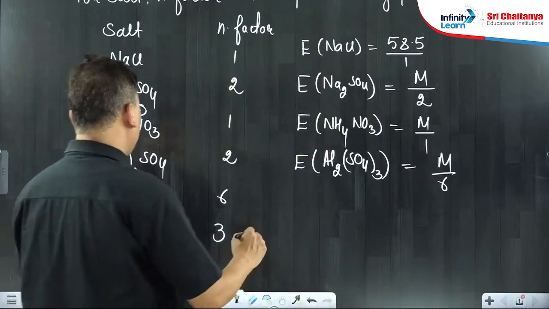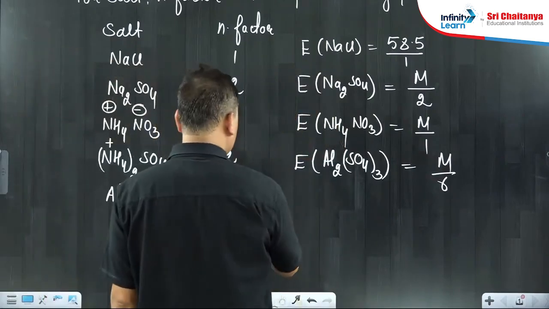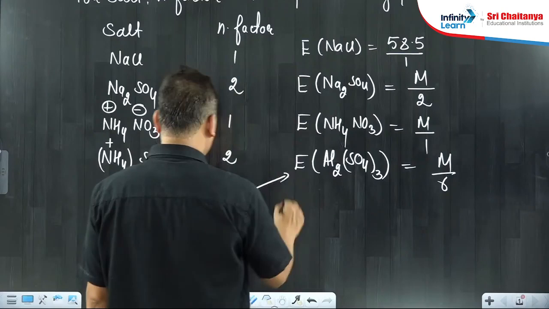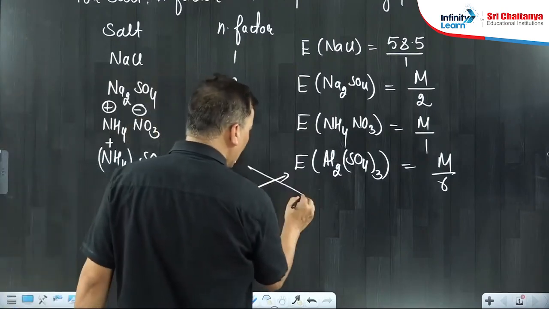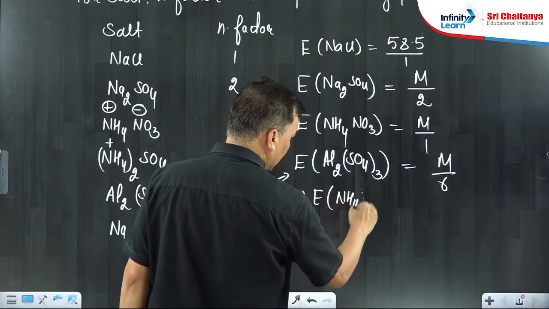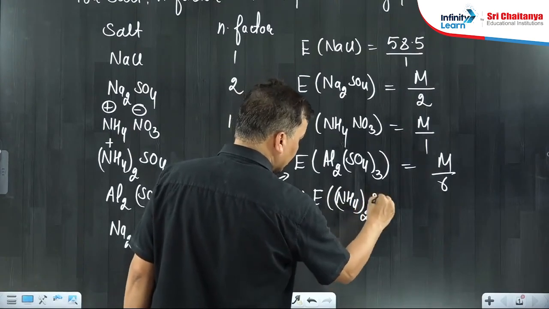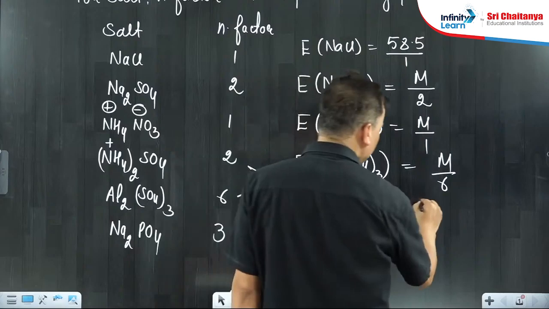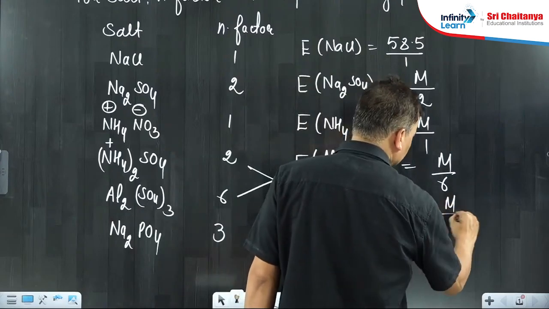Then equivalent weight of ammonium sulfate, (NH4)2SO4, is equal to molar mass upon 2.